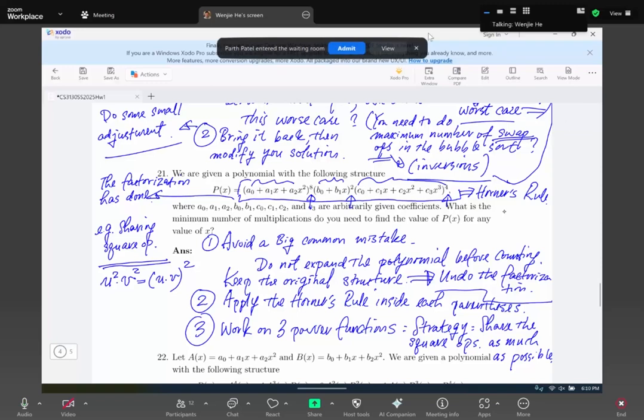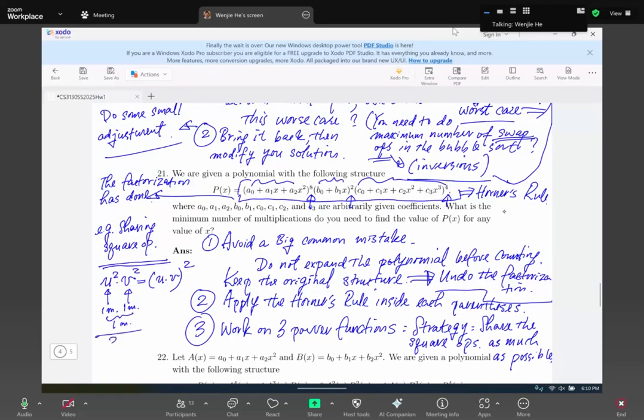Because if you do the squares independently, you need to do more multiplications. Think about it. You need one multiplication here, one multiplication here, and after that another one. So in total you have 3 multiplications.